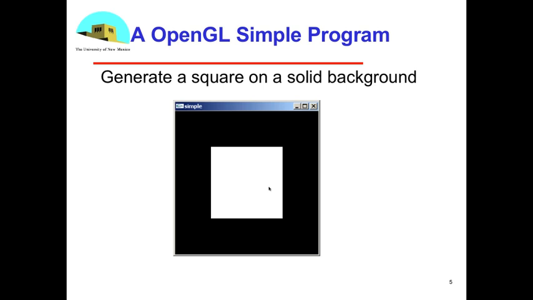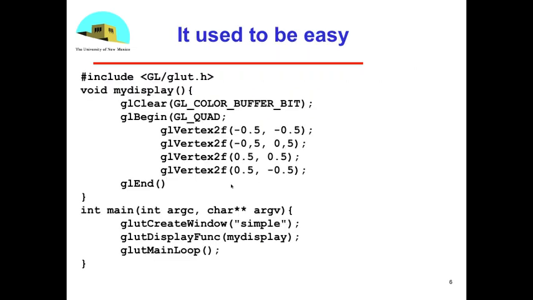Now here was what it used to look like with fixed function OpenGL, and let me go through this because it's in contrast to what we're going to be doing. You included a bunch of stuff that had all the parameters you needed for the various libraries, but here's your basic display process: you would clear the screen, you would specify a quad, and you just say vertex, vertex, vertex, vertex, and say there's the end of my quad.